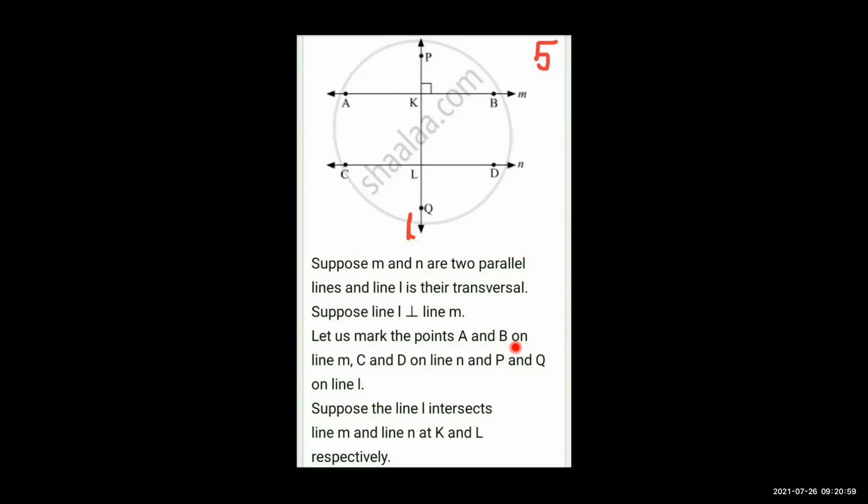Okay, so the details are written over here, what I already explained. Suppose M and N are two parallel lines and line L is their transversal. Suppose line L is perpendicular to line M. Let us mark the points.